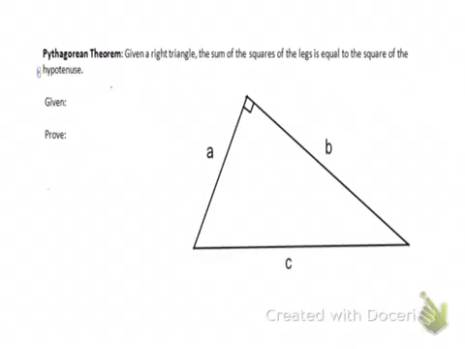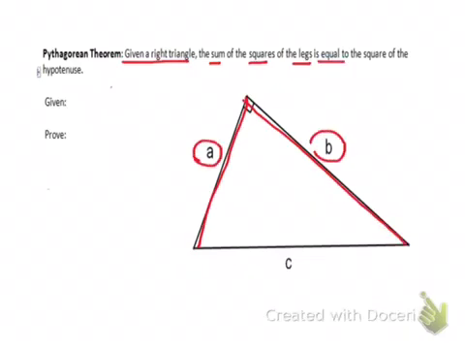All right, today we want to prove the Pythagorean theorem, which says, given that you have a right triangle, the sum of the squares of the legs, and remember legs are the sides that form the right angle, so A and B would be legs, is equal to the square of the hypotenuse. Remember that the hypotenuse is always across from your right angle, so C would be my hypotenuse.